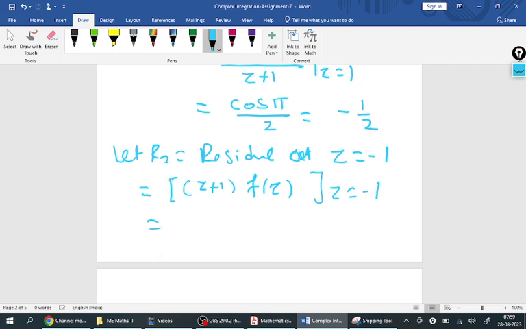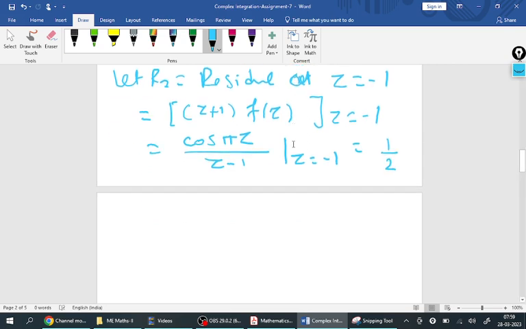In this case, the z plus 1 factor gets cancelled, and we are left with cos pi z upon z minus 1 at z equal to minus 1. Similarly, if we replace z by minus 1, remember cos of minus theta is cos theta. So the numerator is again cos pi. Cos pi is minus 1, and minus 1 upon minus 2 gives 1 by 2. The final answer for R2 is 1 by 2.